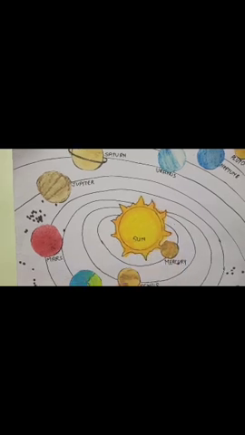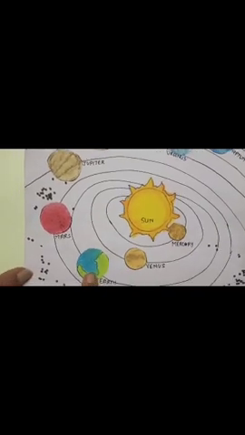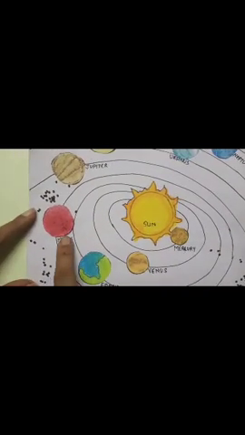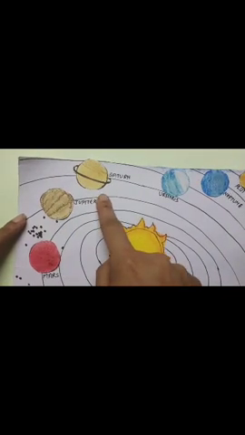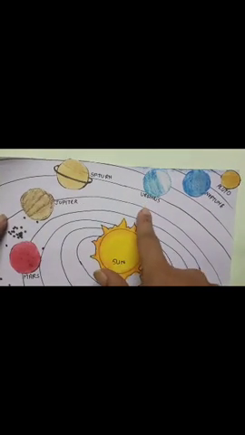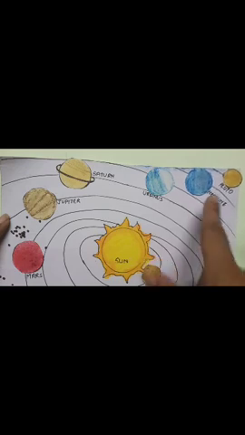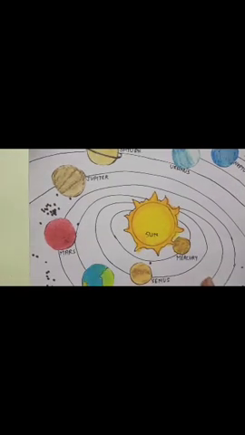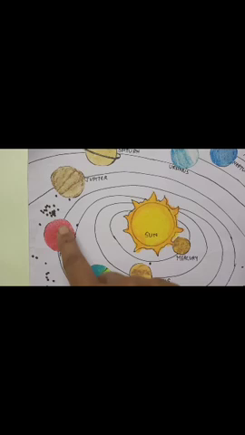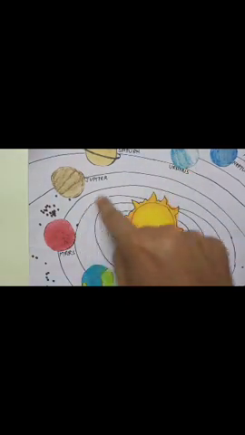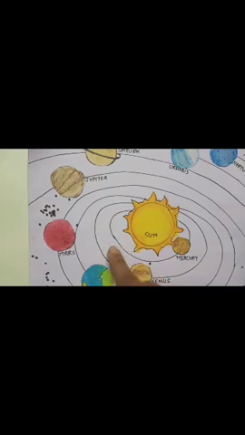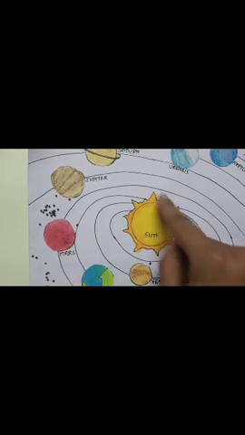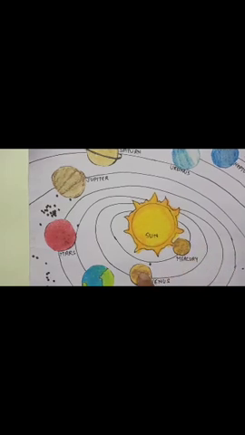Mercury, Venus, Earth, Mars, Jupiter, Saturn, Uranus, Neptune. We know that every planet in the solar system revolves around the sun along a specific path, and this path is known as planet's orbit.